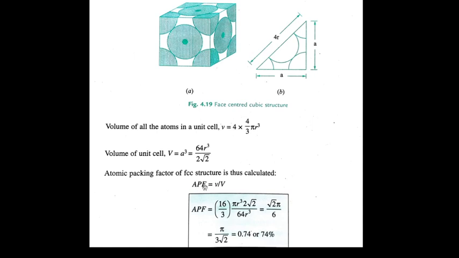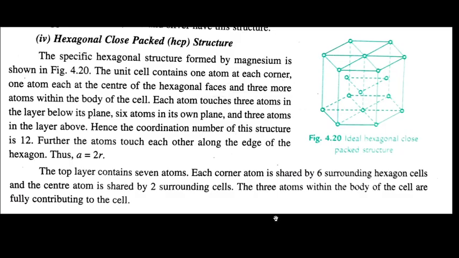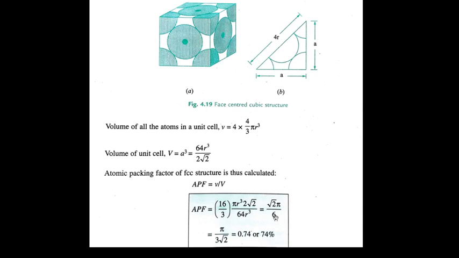So atomic packing fraction is the ratio of the atomic volume contribution to the unit cell divided by the volume of the unit cell, and therefore we get the relation root 2 pi by 6, and it's coming exactly 0.74.